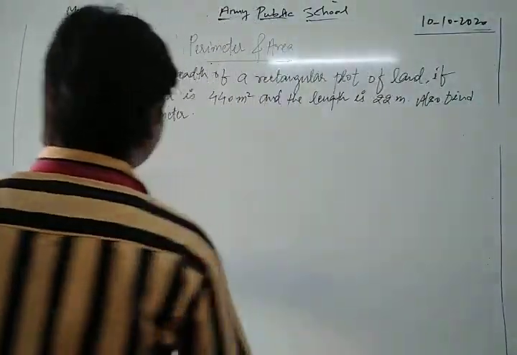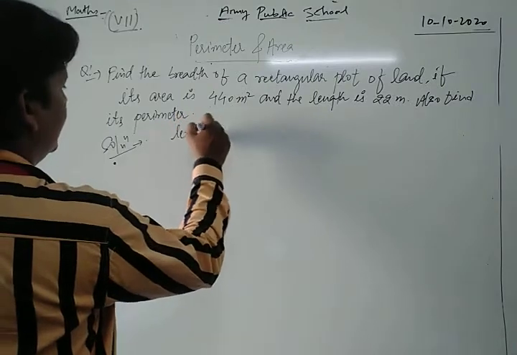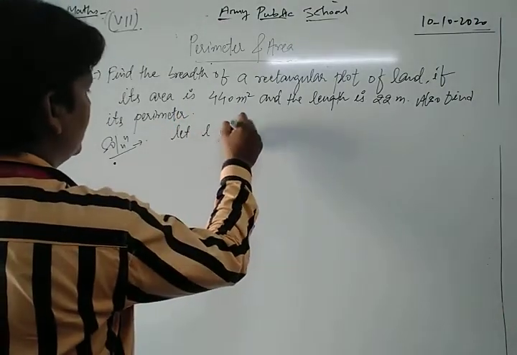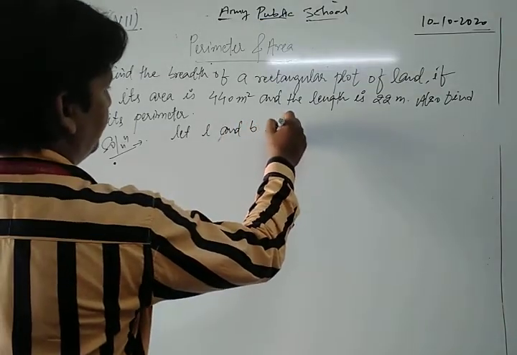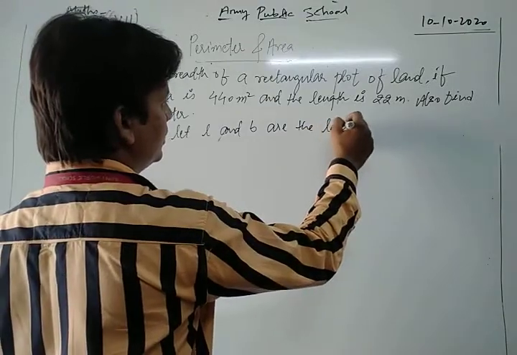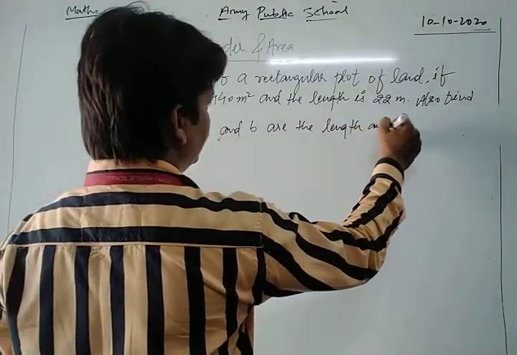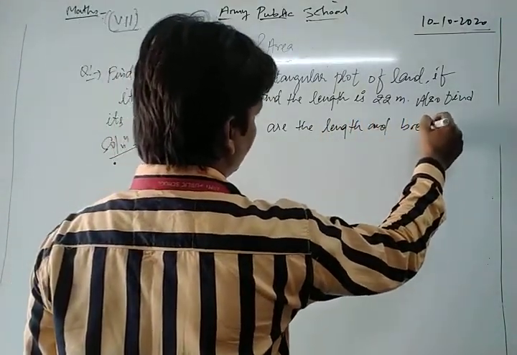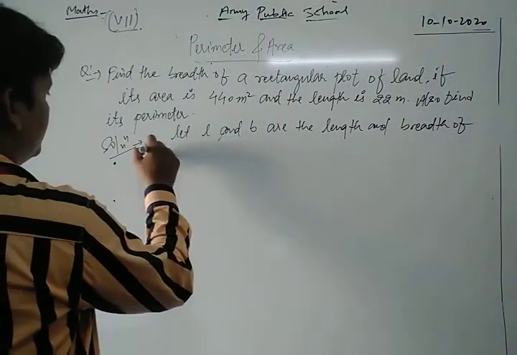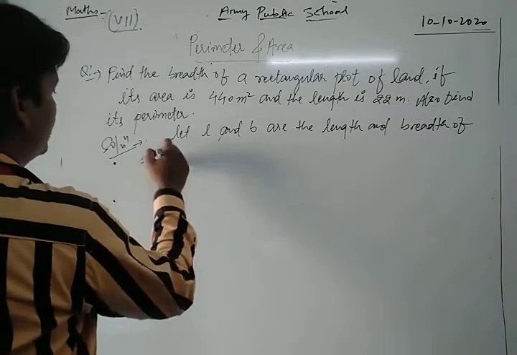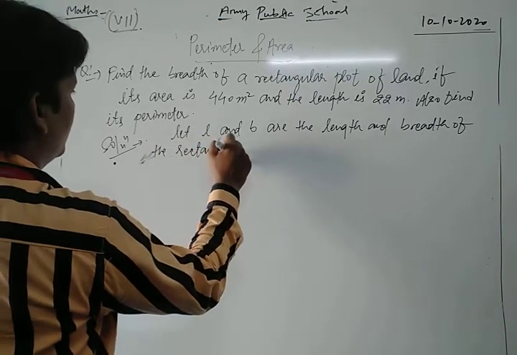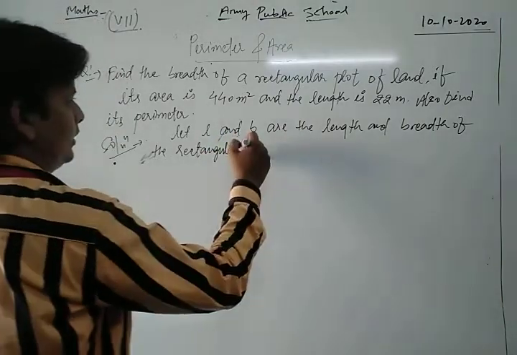First of all, let L and B be the length and breadth of the rectangular plot of land.